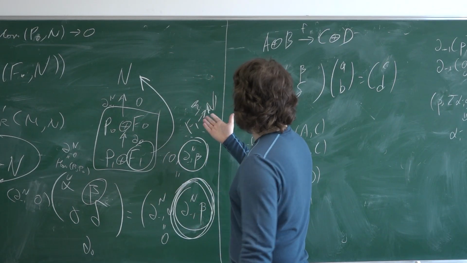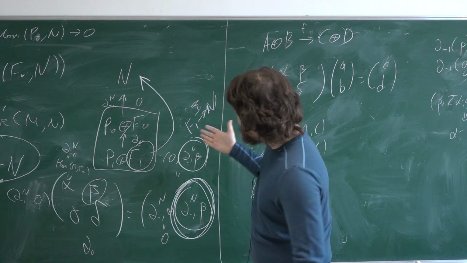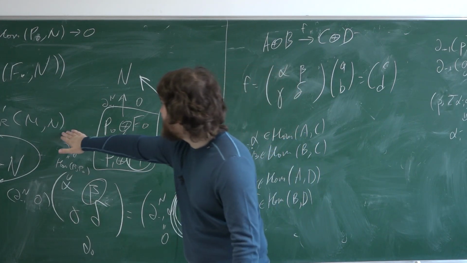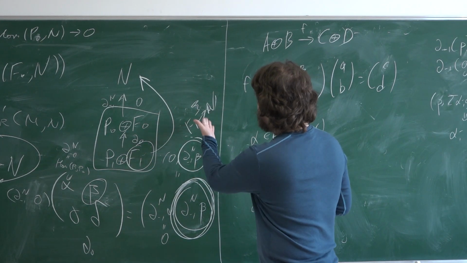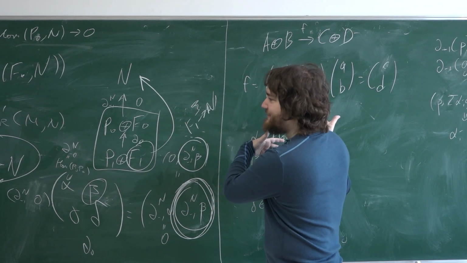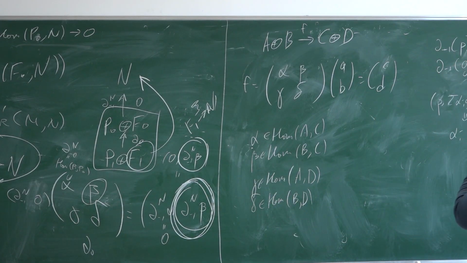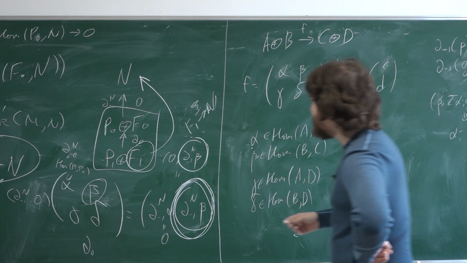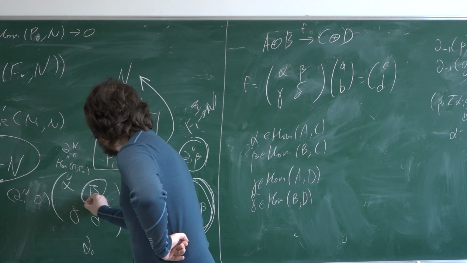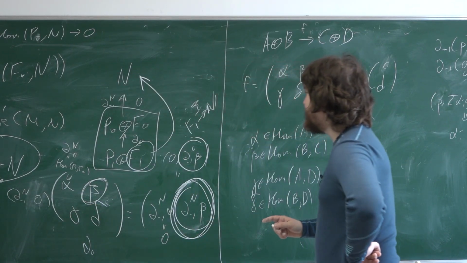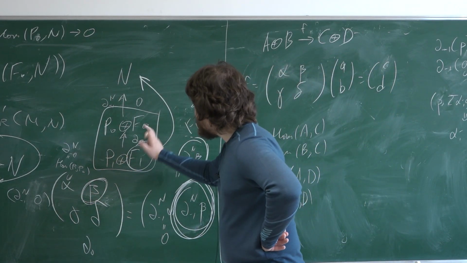I only need to check that it's an image of my identity, and this is a class of Ext1. I only need to check that this map has that explicit formula which I gave you before. Okay, so we need to understand what this coordinate of d0 of this form means.